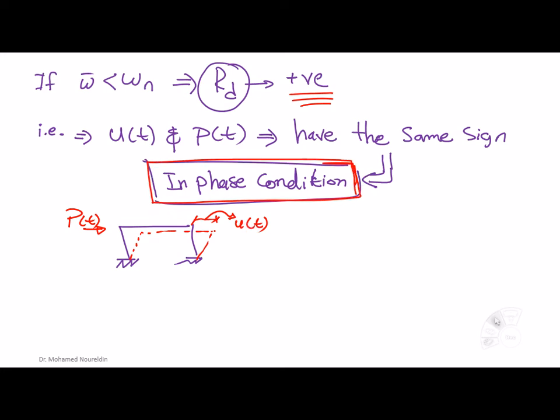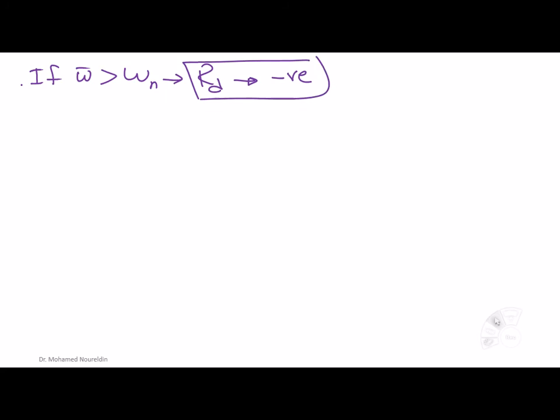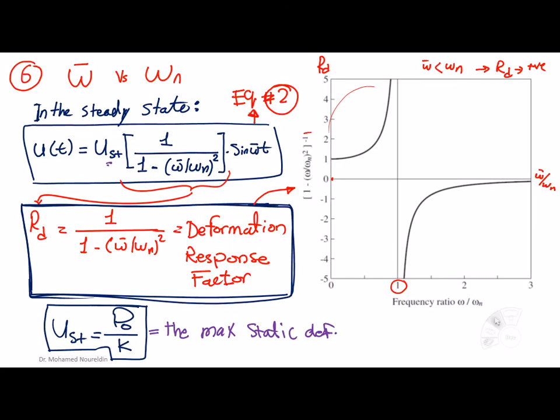The other case is if omega bar is larger than omega n. What will happen here? In this case, RD is going to be negative, right? Let's go back to the relation. Yes, that's right.